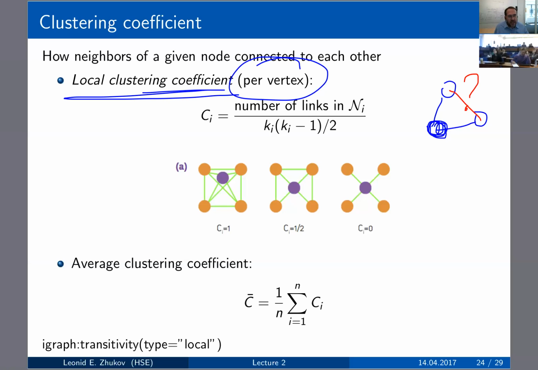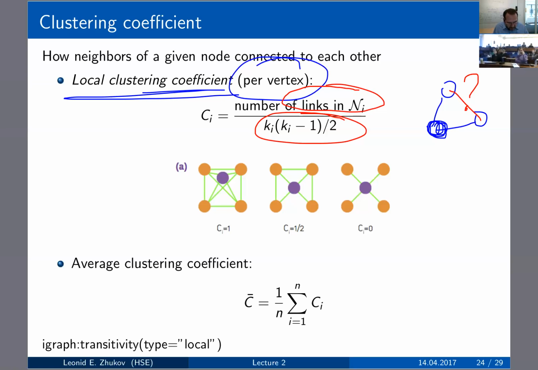The way this computation is done is very simple. You look for all the links among the neighborhood of the node, and divide by the possible maximum number. K is the node degree. So let's see how it works.